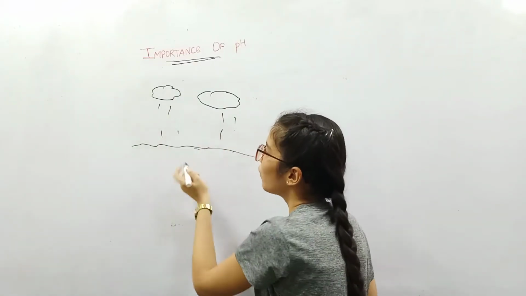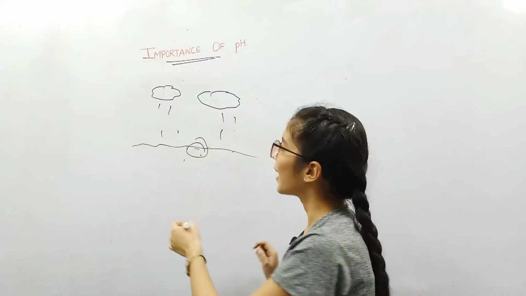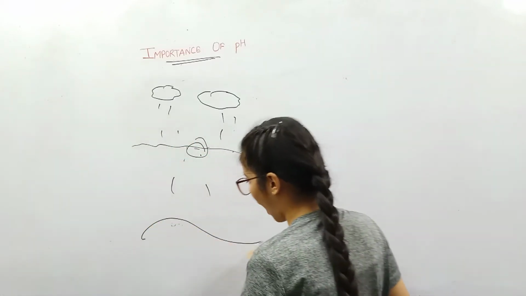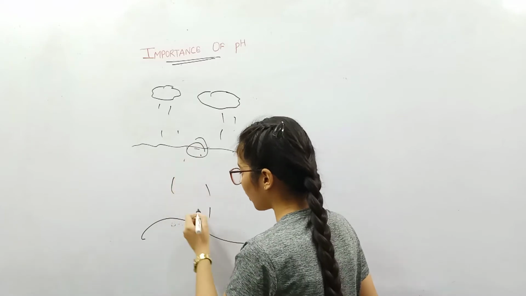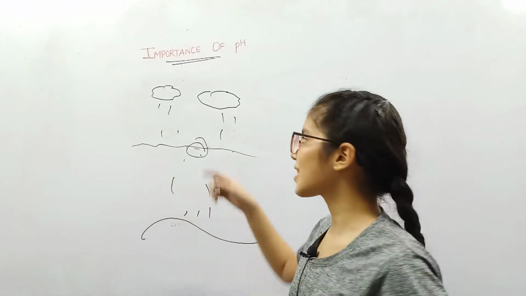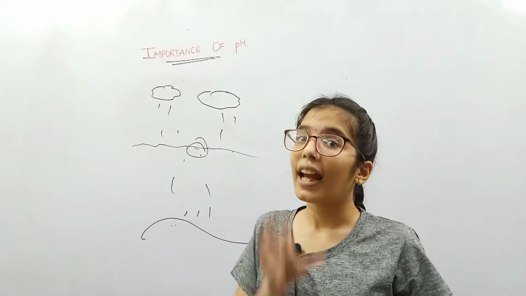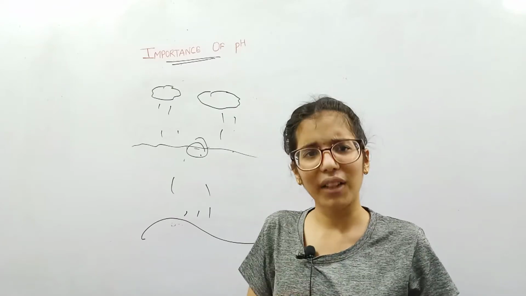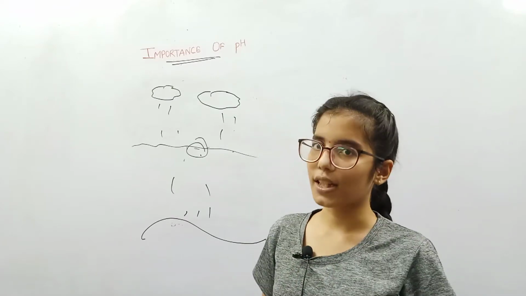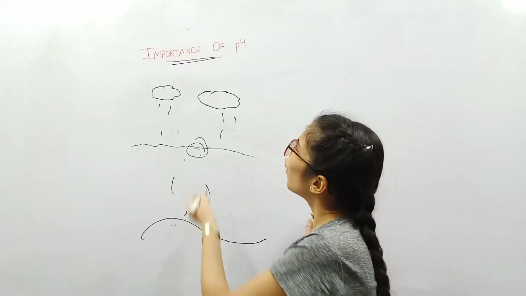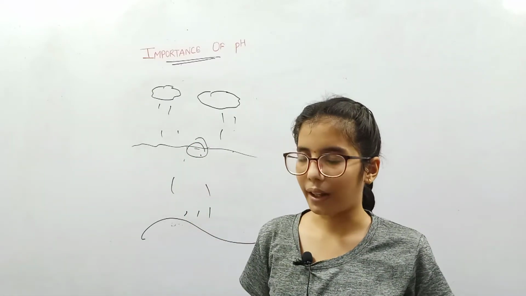So this rainfall will mix with the atmosphere, and once it comes to the ground, once it falls on us, it is known as acid rain, or simply we can say a rainfall which has pH less than 5.6 is called acid rain. There are many disadvantages of acid rain.